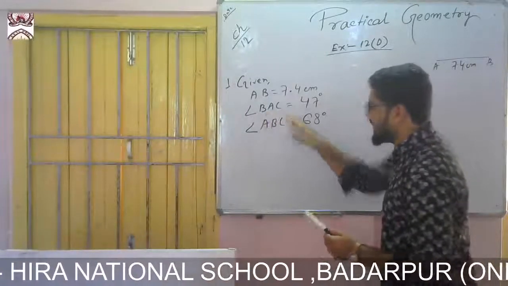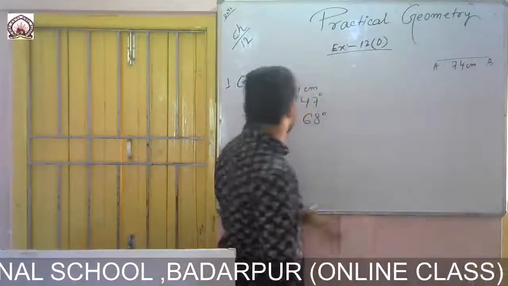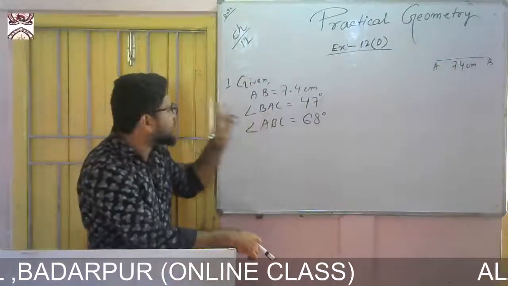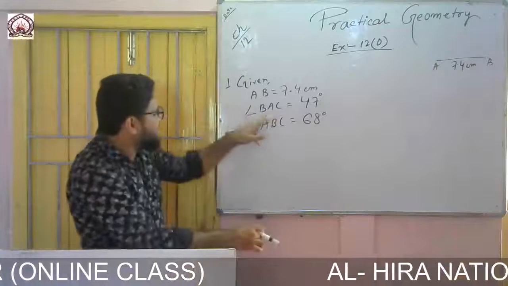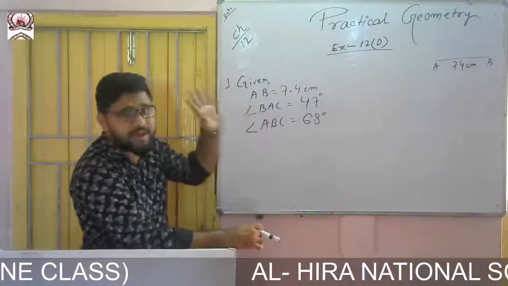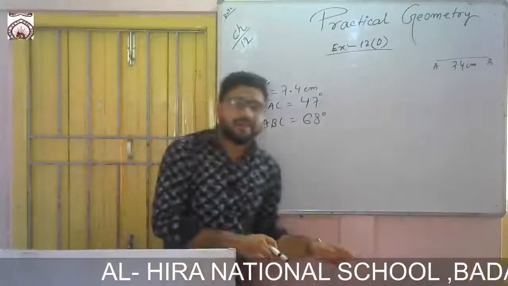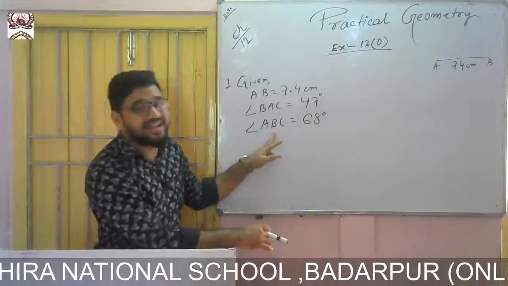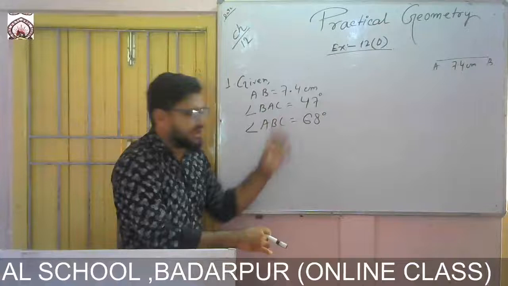Angle BAC means we are talking about angle A. The letter which is in the middle portion is the main angle. And angle ABC means we are talking about angle B. You need to see which letter is in the middle. The middle letter is the main angle. Okay, we are talking about that angle.